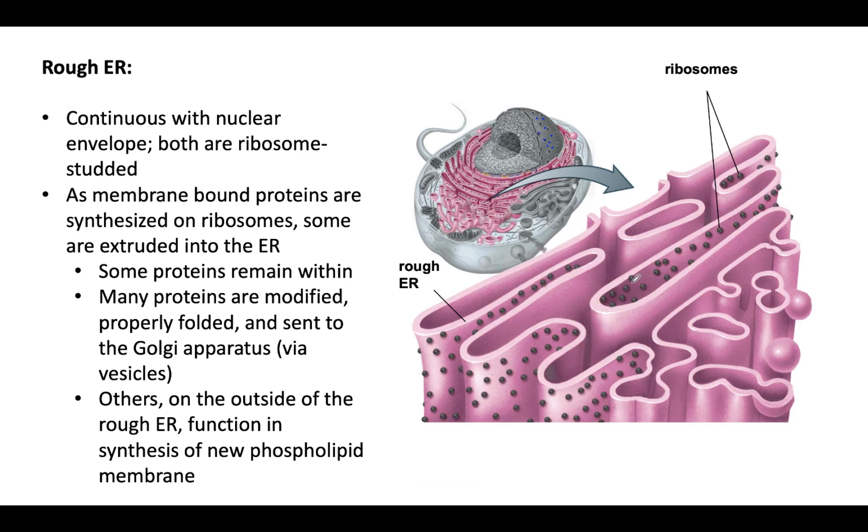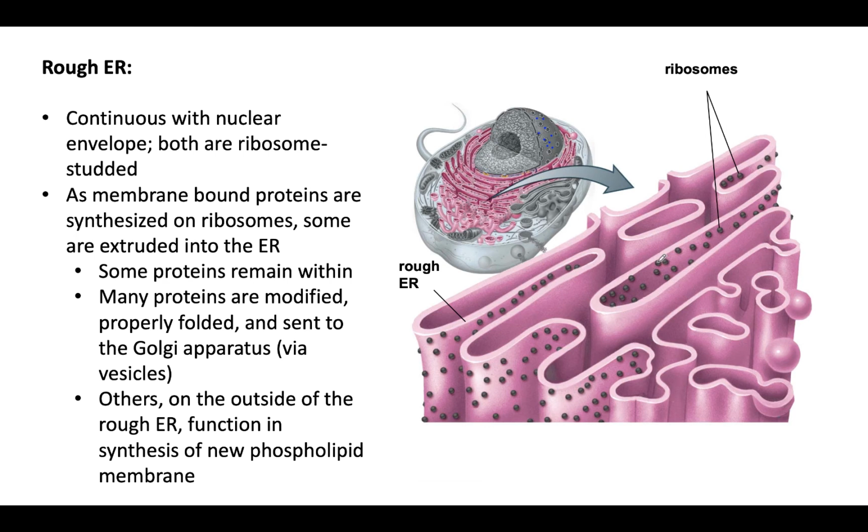As membrane-bound proteins are synthesized on ribosomes, some are extruded into the ER. Some proteins remain within rough ER, but many proteins are modified, properly folded, and sent to the Golgi apparatus. Others, on the outside of the rough ER, function in synthesis of new phospholipid membrane. In other words, the ribosome is the place where protein synthesis takes place.